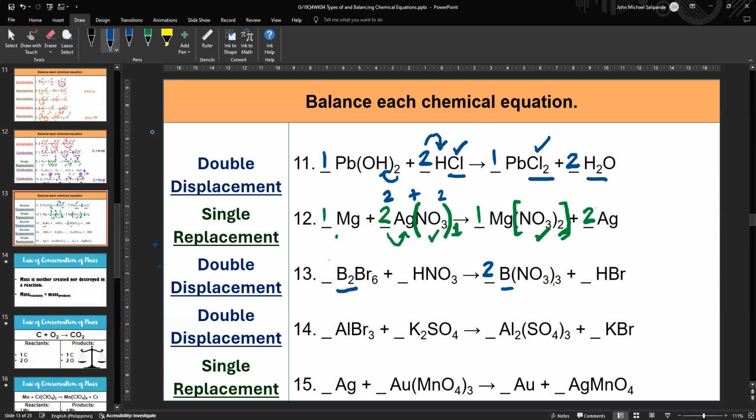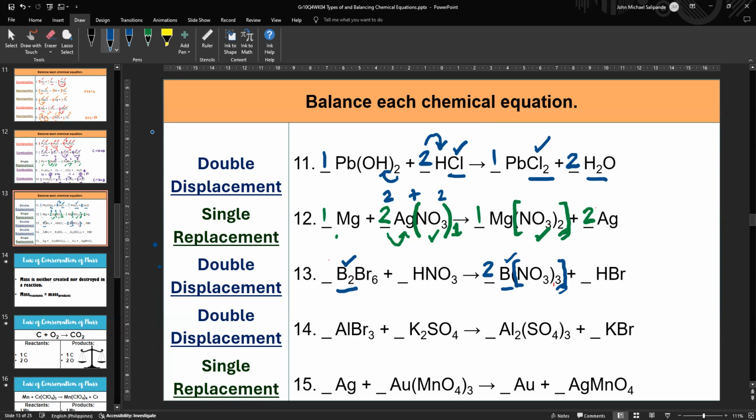Next, because boron is now balanced, as a consequence of writing 2 on boron nitrate, so remember, originally, NO3 has 3 groups on the product side because the subscript here is 3.